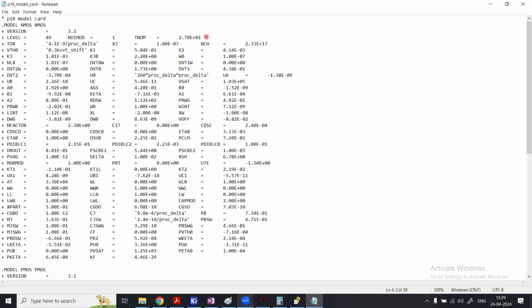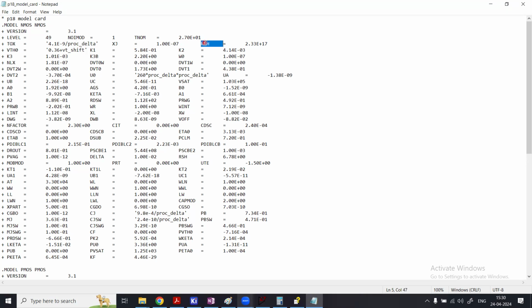It will provide the simulation results for the device and the circuit at room temperature, 27 degrees Celsius. TOX is the oxide thickness. In this comma, there is something like PROC DELTA written. I'm not sure what that is, and we are likely to have an error because of that. Or the SPICE circuit simulator will ignore those parameters and give us the results for the remaining ones.